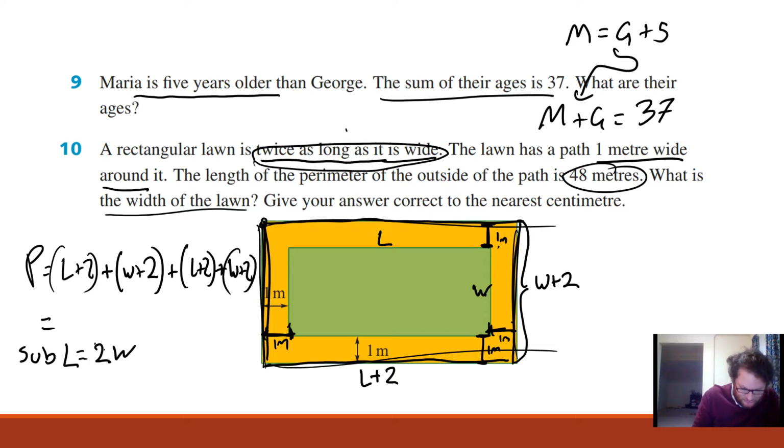You're going to substitute that in for L into whatever formula you get. You also should substitute the fact that we know that P is 48. So that's going to give you some formula: 48 equals 4W plus something. I'm not going to tell you exactly what it is, but that is all you need to be able to solve that equation.